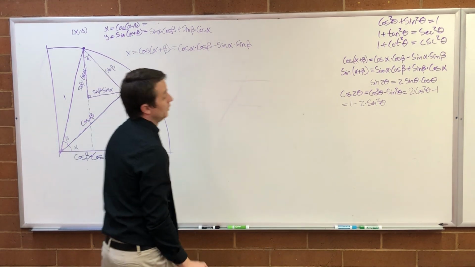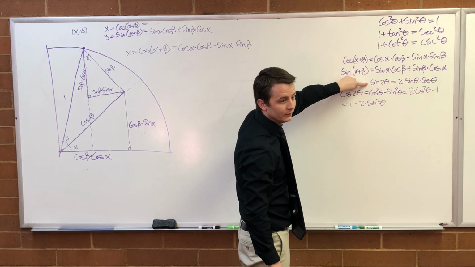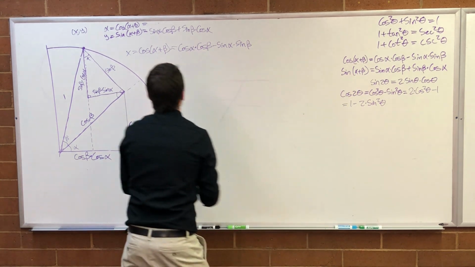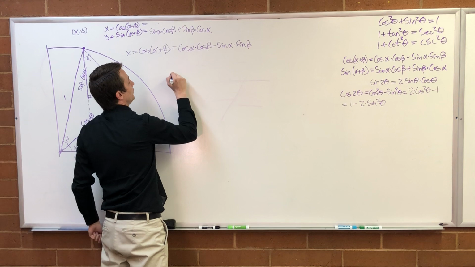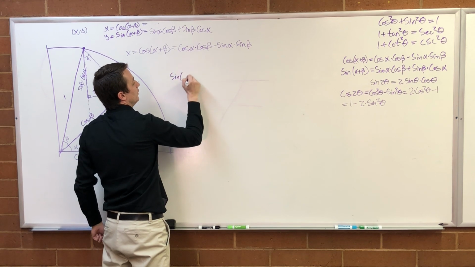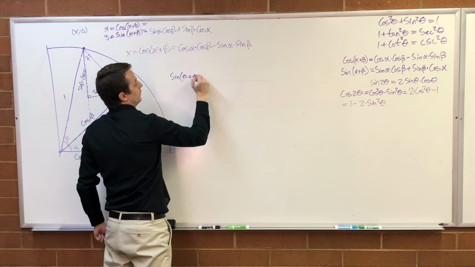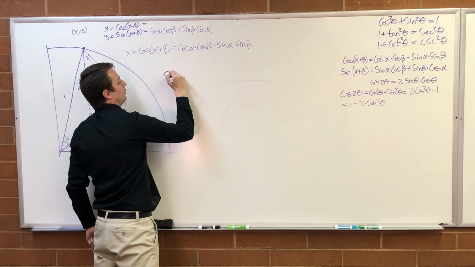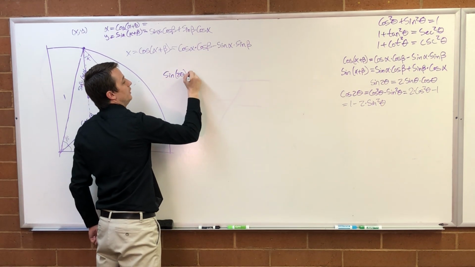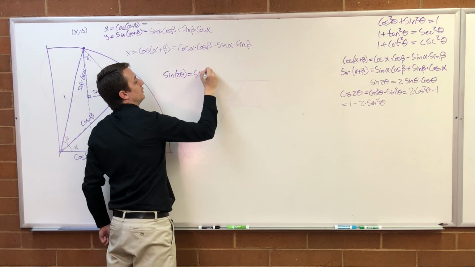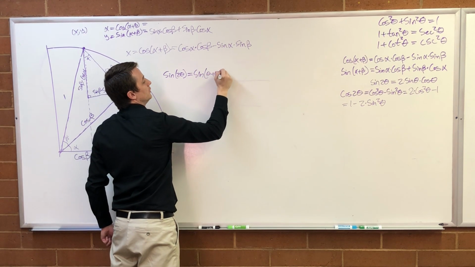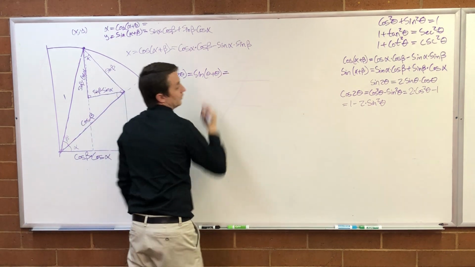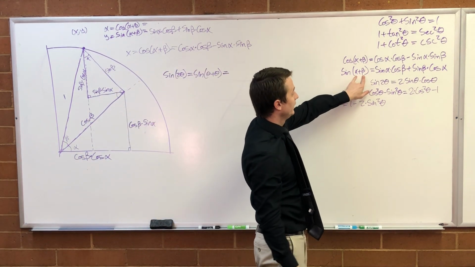Okay, so let's start with this one real quick. Nice and easy. Notice that sine of 2 theta is equal to sine of theta plus theta. You follow that? Which is equal to, we have an identity for that when we're adding two angles together.